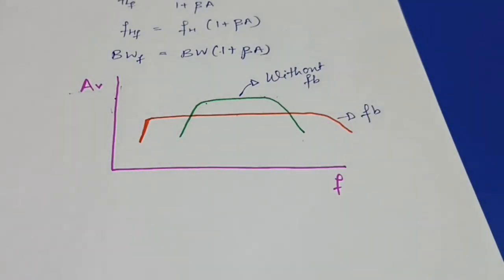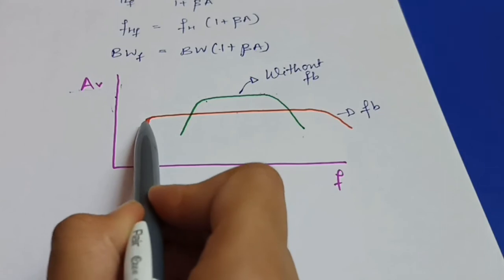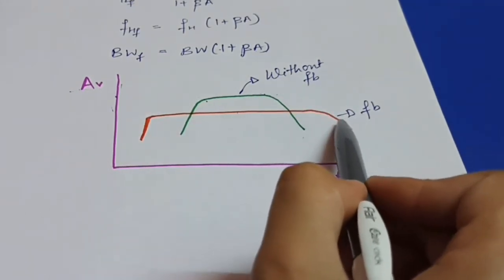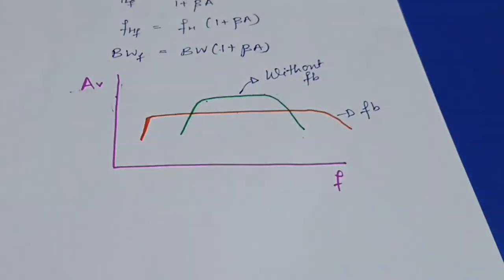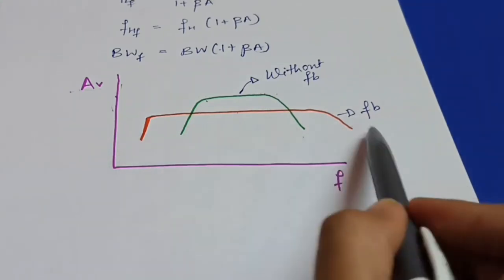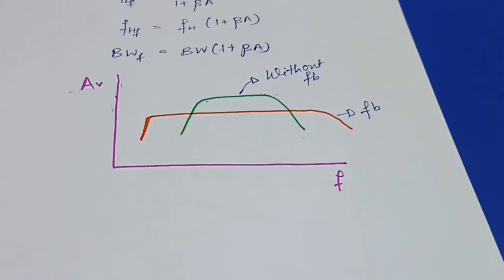Now second thing is that if we are using negative feedback, then the lower cutoff frequency is decreased and the upper cutoff frequency is increased, which means we are getting a wide range of frequencies and we are having a large bandwidth, but the gain reduces.